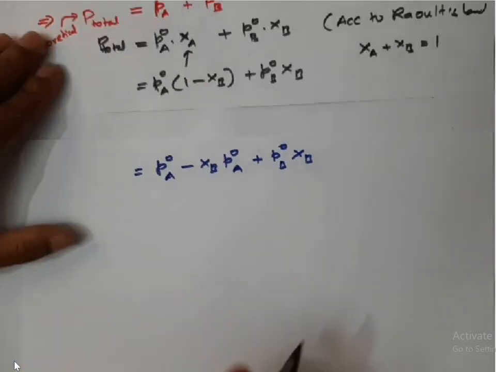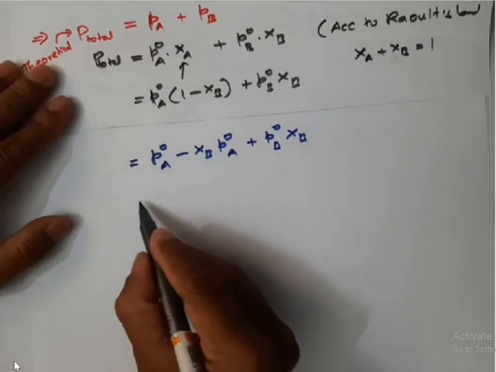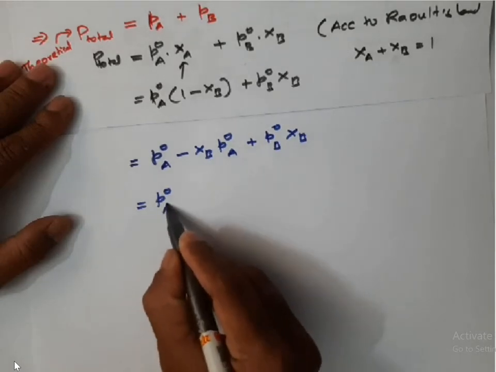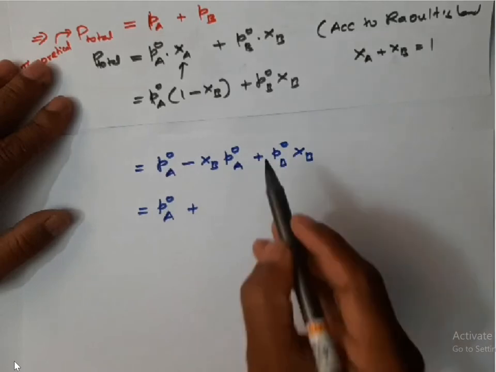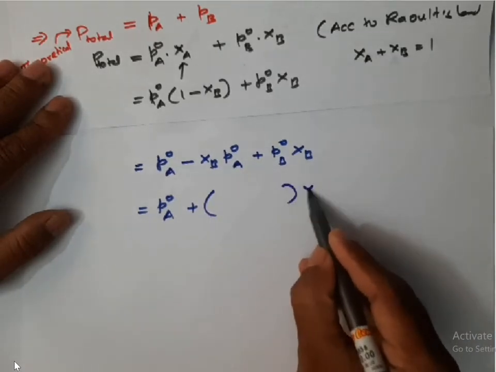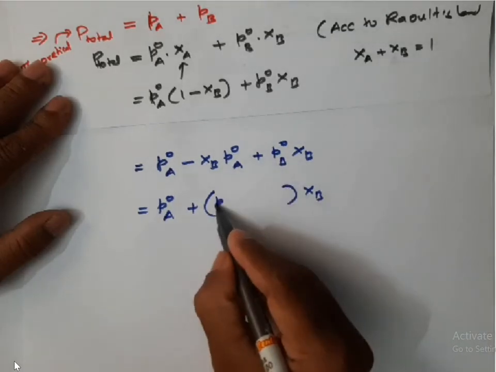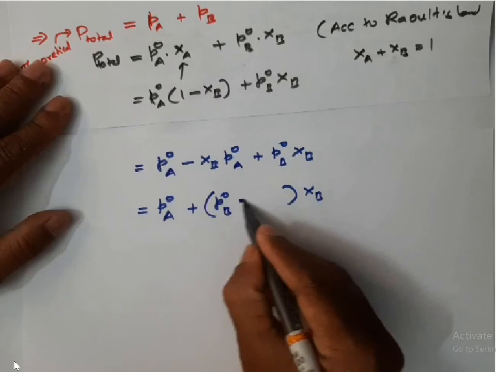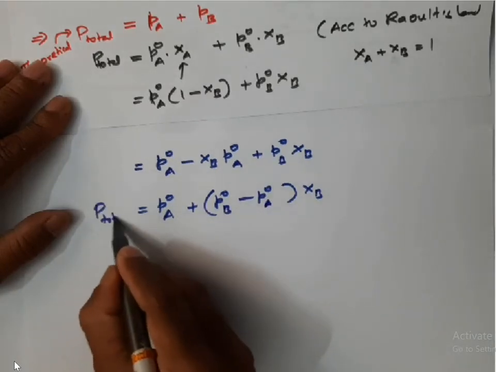Now I can take XB as common, so I can write this as P naught A, I'll keep P naught A as such, plus XB as common. Now let me write the positive term first, that is P naught B, and the negative term next, P naught A. So this is my total pressure.